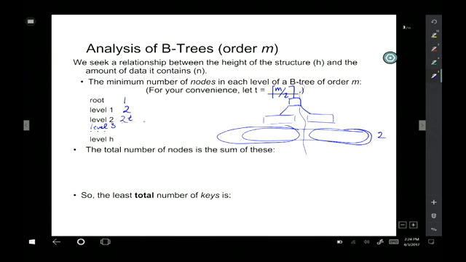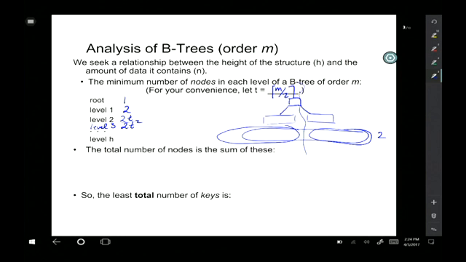Each one of those nodes on level 2 has some children. How many does each one of them have? At least t. So how many in total? 2t times t. Good. 2t squared nodes on the level.